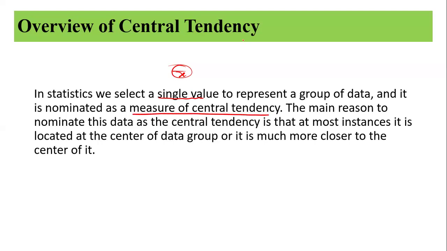When concerned about a country, the president or the prime minister represents the country. When we give attention to a set of data, we use a single value like mean, mode, median.